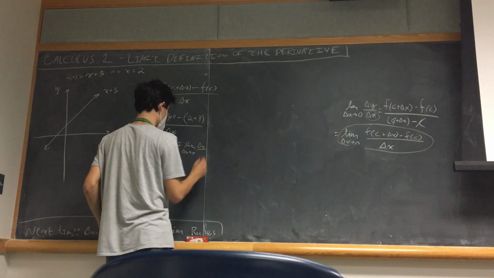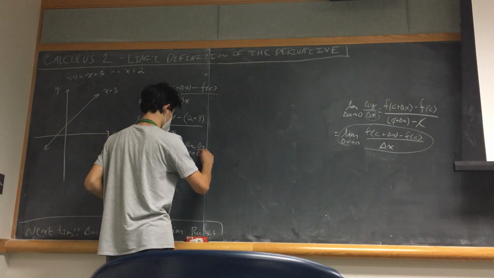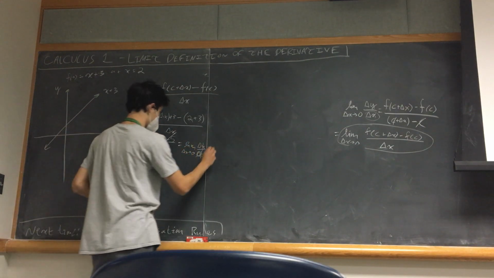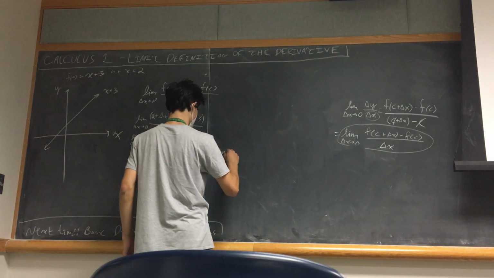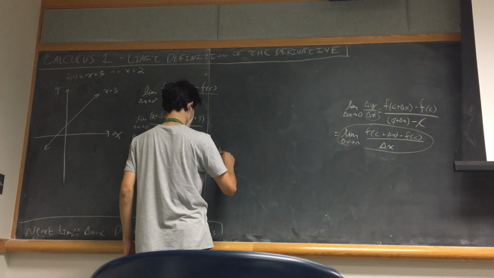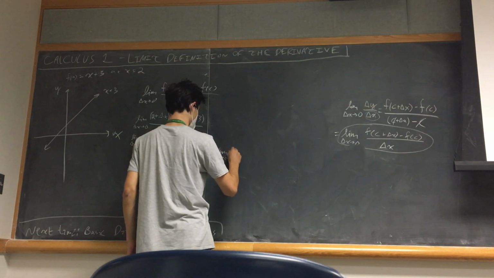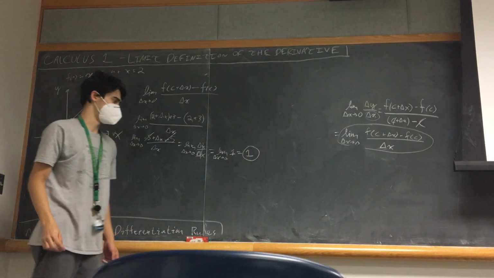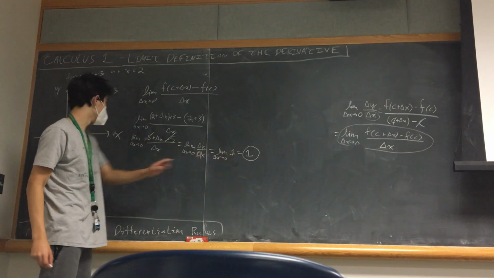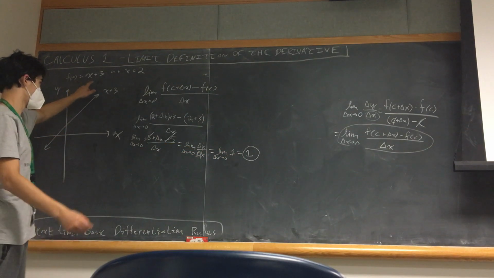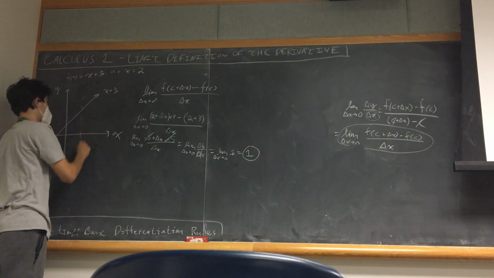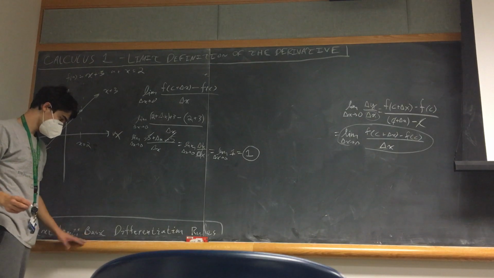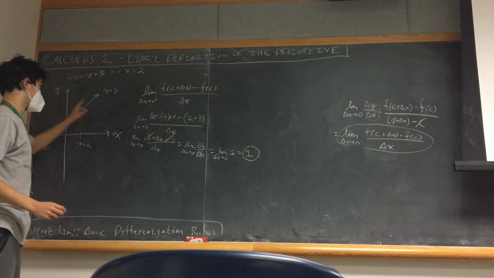So this gives us the limit as delta x approaches 0 of delta x over delta x. Now these delta x's cancel, and they give us the limit as delta x approaches 0 of 1, which is equal to 1. So this is the slope of the graph f of x equals x plus 3 at x equals 2. That's the slope of the tangent line.